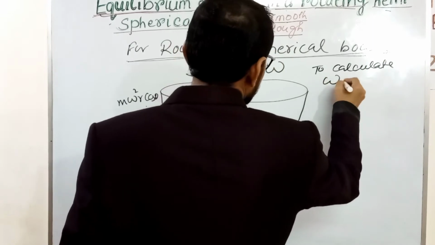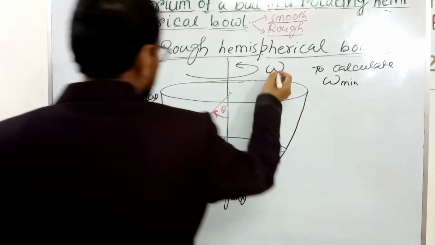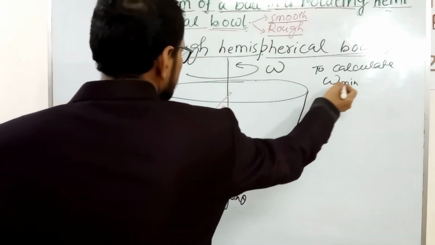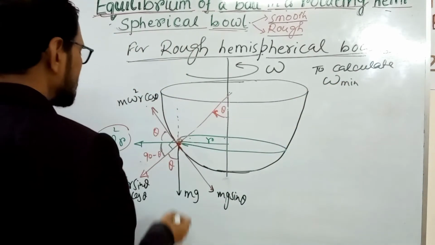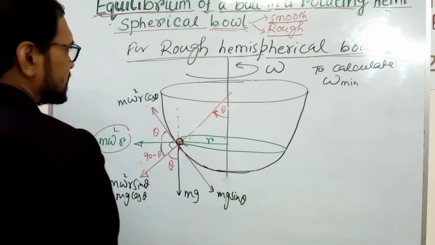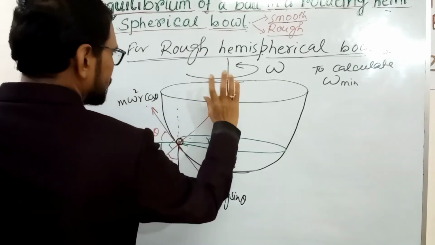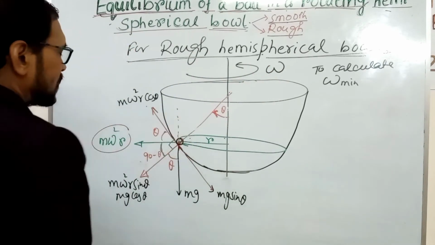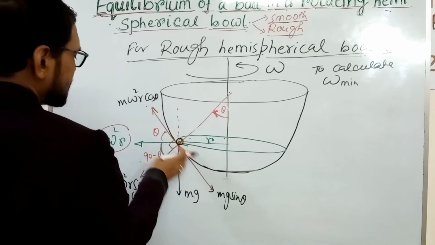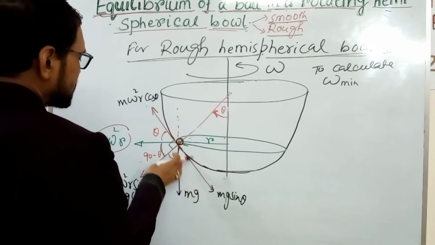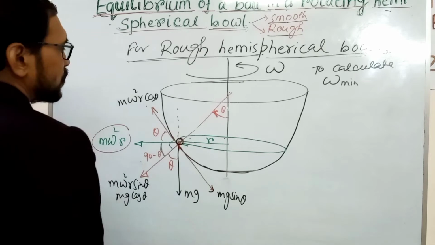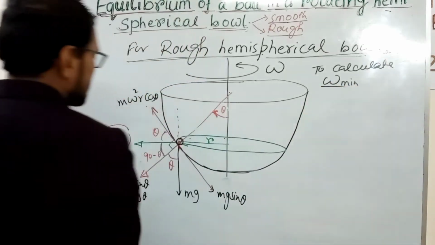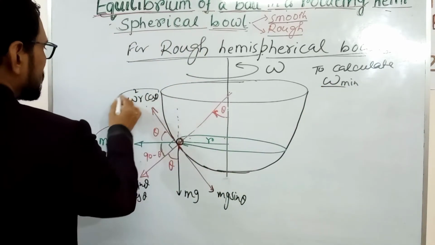the minimum omega. If the ball is rotating with the minimum angular velocity for which the ball can be in equilibrium, that is the minimum angular velocity, for this the ball is at rest. Now in which direction does the friction force act for minimum omega? If omega is minimum, then this force is minimum.